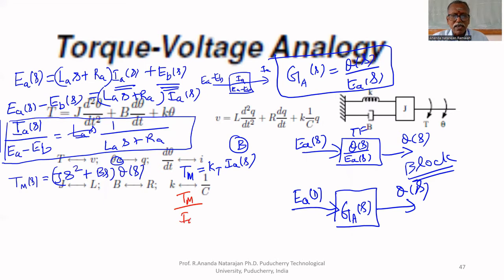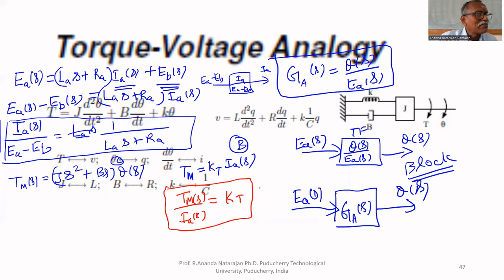Tm of S upon IA of S equal to KT. This is another block diagram. KT is the transfer function, the input is IA and the output is Tm. This can also be represented in block diagram.